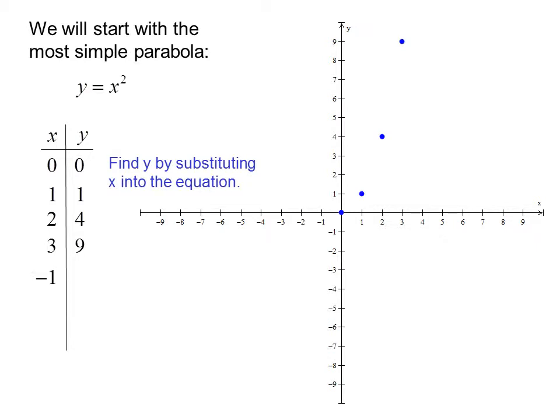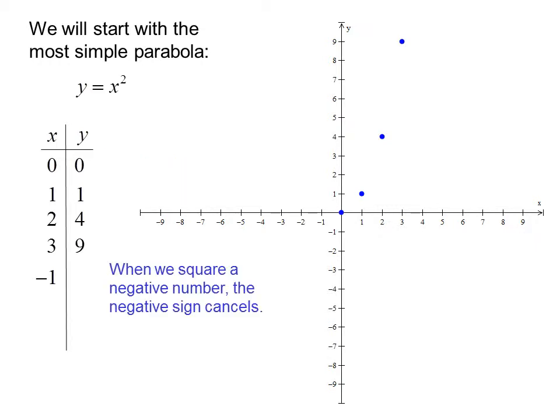Now we try some negative values for x. If we put negative 1 into the equation, we want to square the negative 1, so when we square a negative number, the negative sign cancels, and we get y is 1. So here's a dot at negative 1, 1.